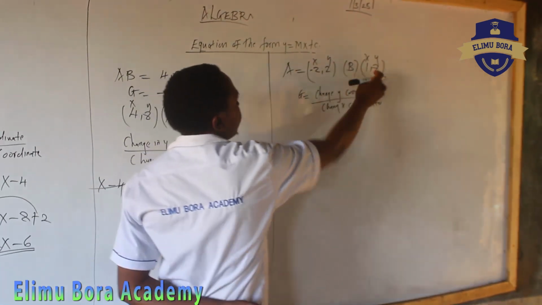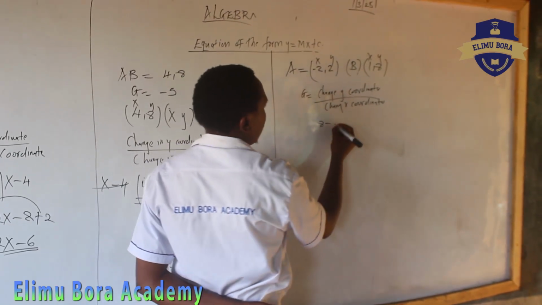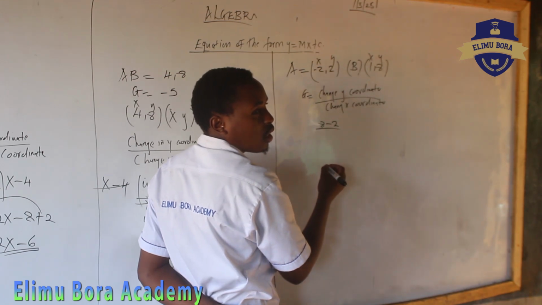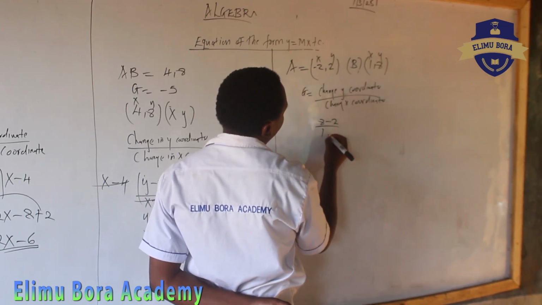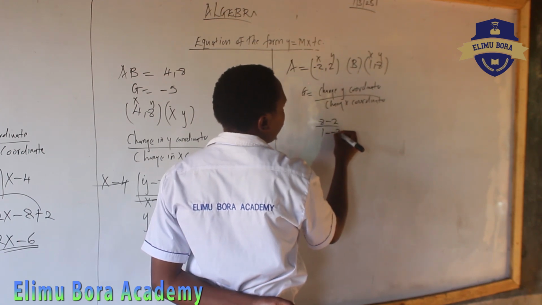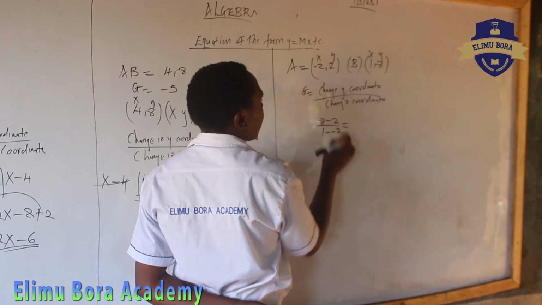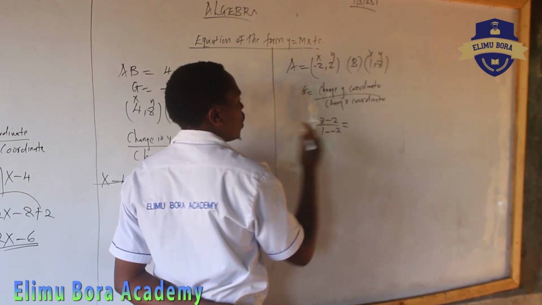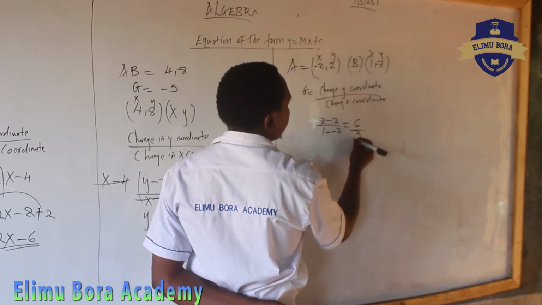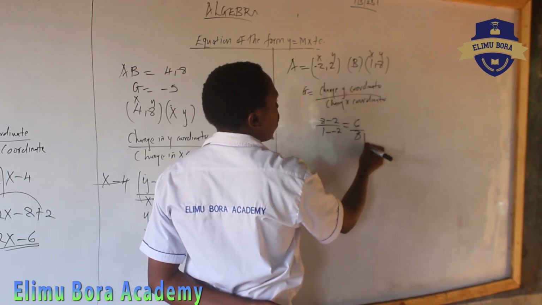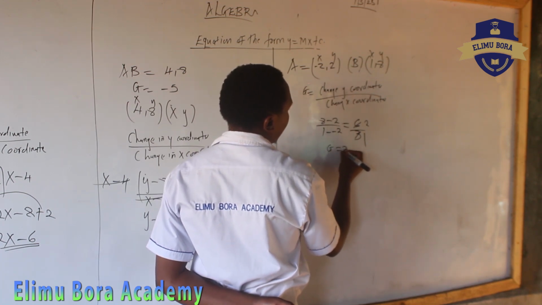So we are going to have 8 minus 2 over 1 minus negative 2. So from there we want to look for the gradient, isn't it? When you subtract this one, what are you going to get? 6. And this one? 3. Good. So when you simplify, 3 into 3, 3 into 6, our gradient there is 2.